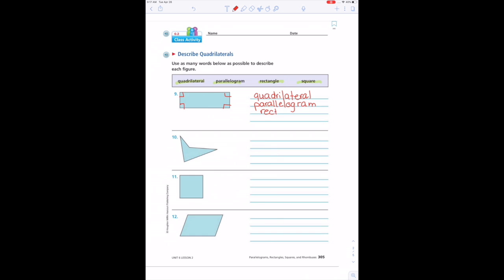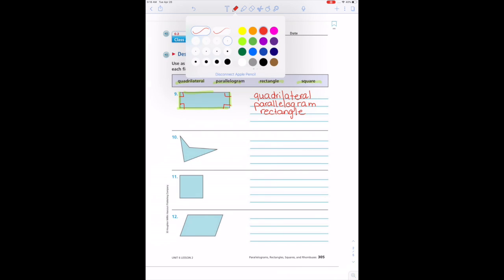So this is a rectangle. Okay. A square. All 4 sides are the same. Let's take a look. These sides are the same, but this one is way longer. So this is not a square. Okay. All right. So let's go down to number 10.